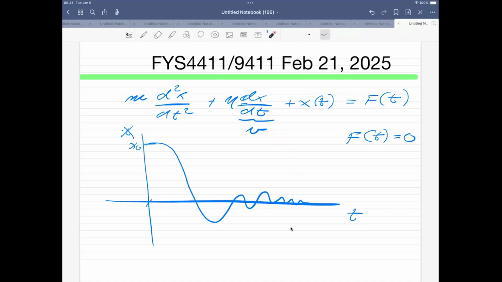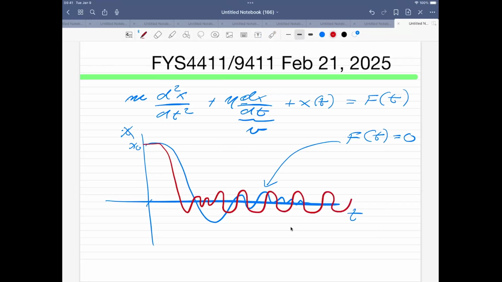If you, on the other hand, add an external force, so this would be the case with a force equal to 0, but then you can add an external force. And what happens then is that you could start at the same position, and then it goes down, and then suddenly the external force kicks in, and it oscillates like this for the rest of life.